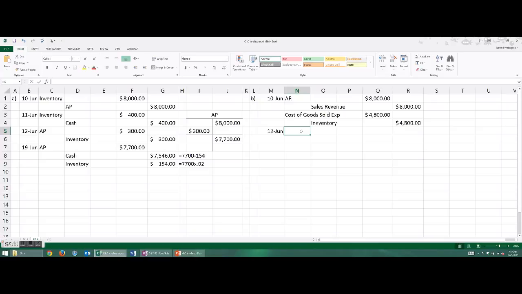We use a contra revenue account, sales returns and allowances, with the credit going to accounts receivable. With the inventory return, the company won't collect on the $300 account, so we reduce that.